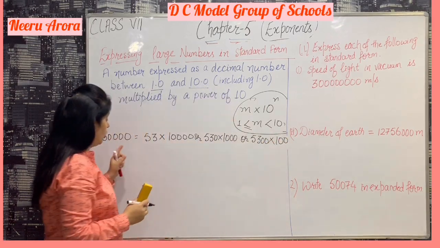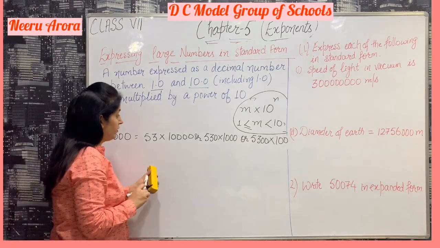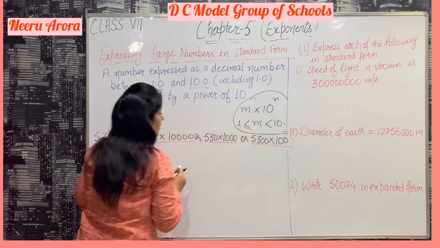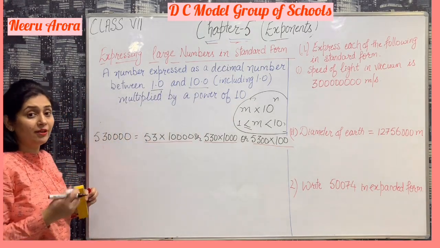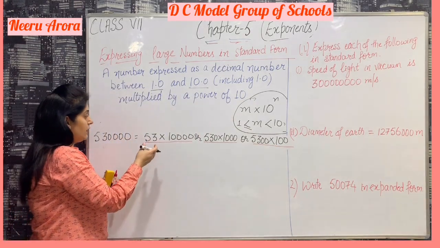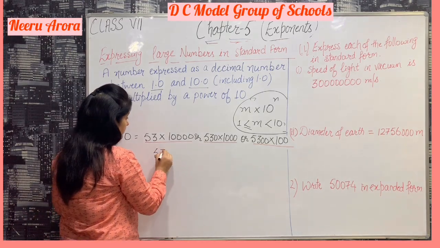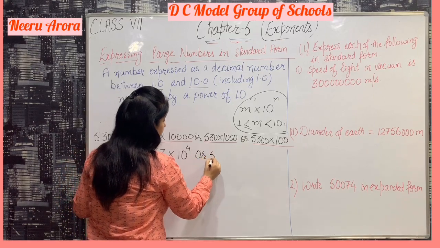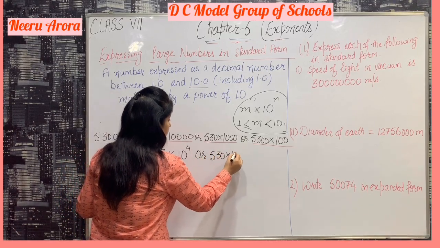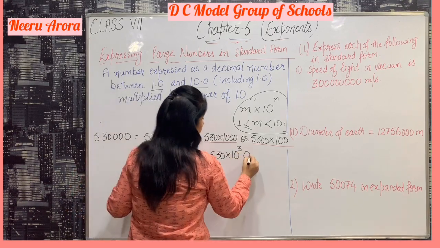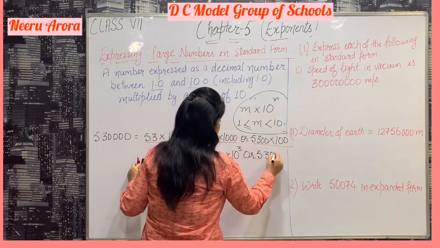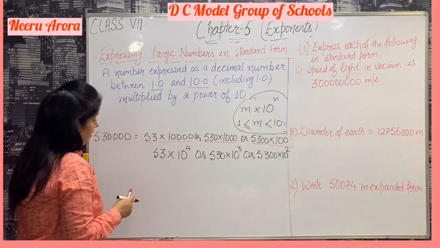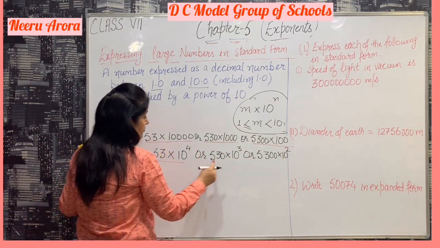So you can see all these numbers, whatever numbers we have written, are equal to 5,30,000 but in different ways. Now let's write in exponential form. 53 into 10 raised to power 4, or 530 multiplied by 10 raised to power 3, or 5300 multiplied by 10 raised to power 2. All these numbers are expressed in exponential form.